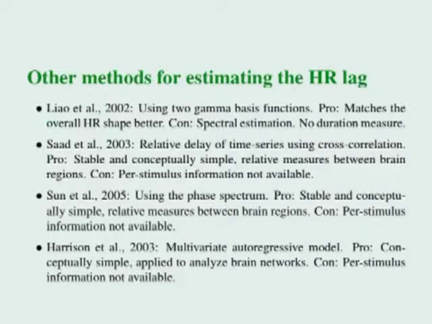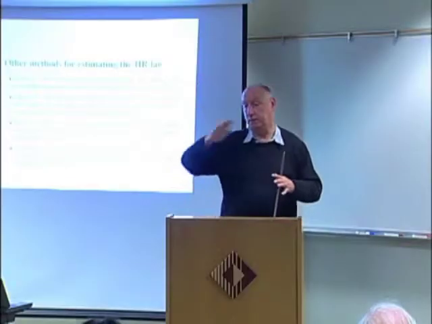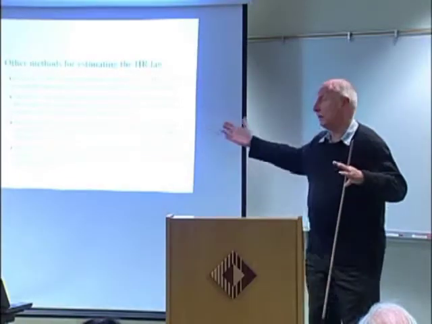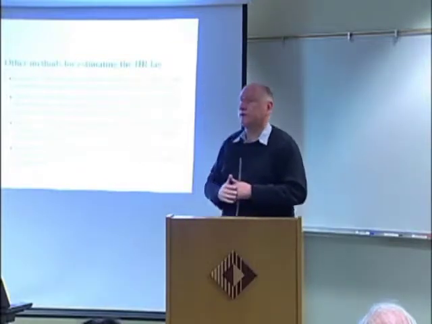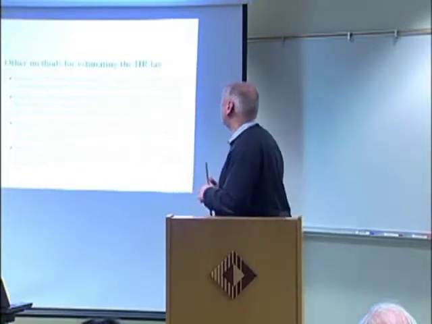Of course, there are other methods for estimating the lag of the hemodynamic response. You can use two gamma basis functions. The pro of that is that it matches the overall shape better. Of course, when we use a Gaussian function, we do not model the undershoot. We're not interested in the undershoot here, you could say. But if you have overlapping trials, this may be an issue for you.